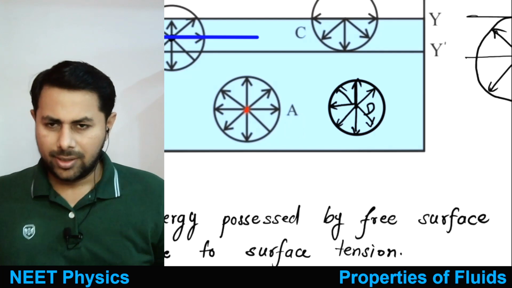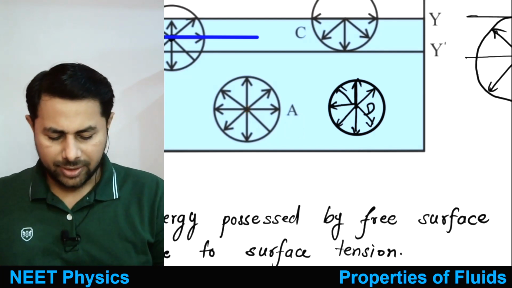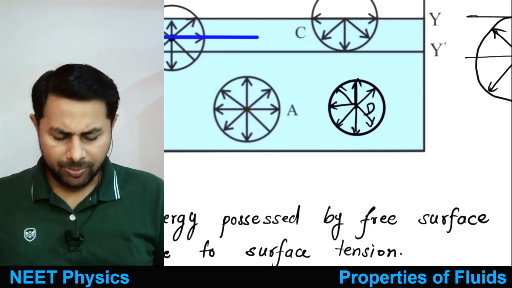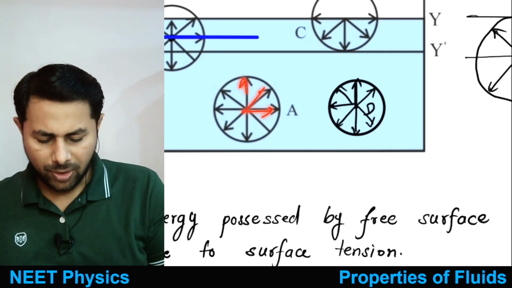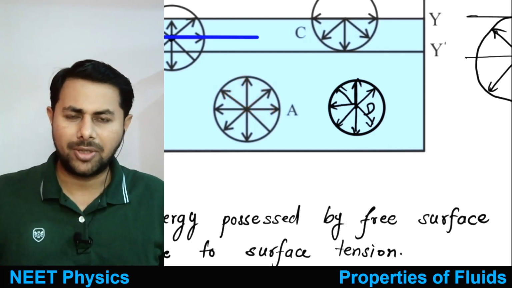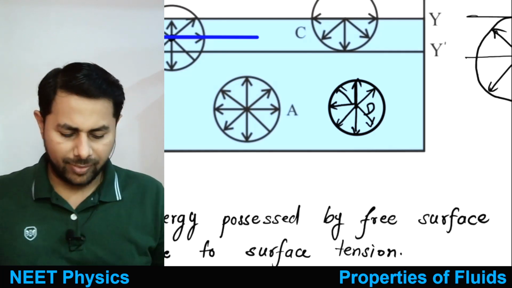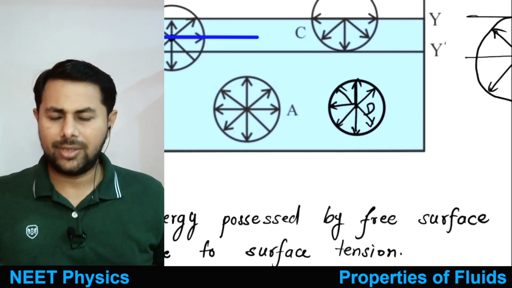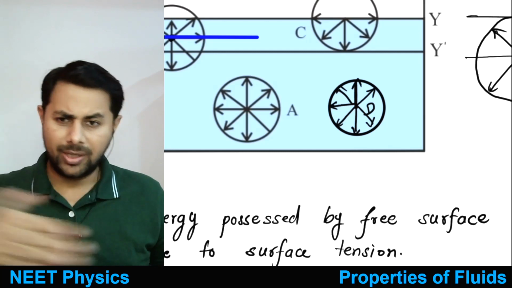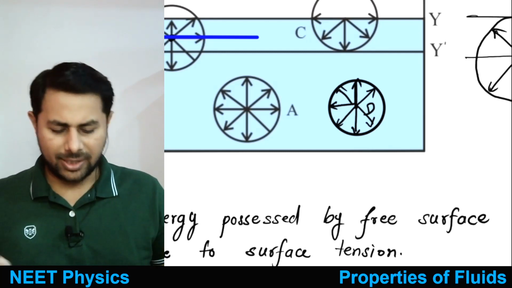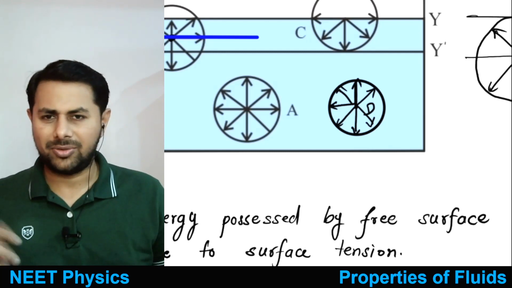There is no net force acting on this molecule, because if you draw a sphere of influence, it gets attracted equally from all directions. So net force acting on this molecule is equal to zero. If you move it anywhere inside the liquid, you don't need to do any work. It can move freely. So water molecules can move freely from here to there.